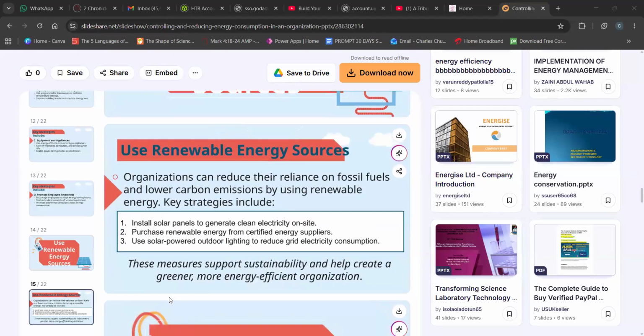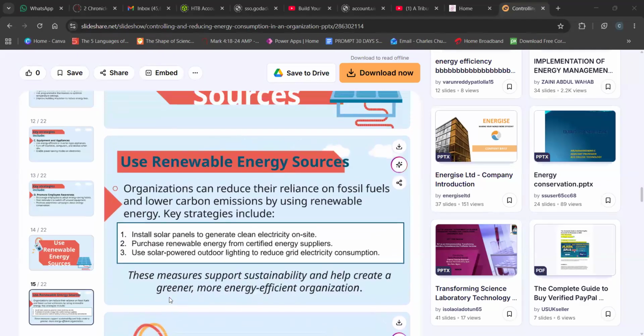So this is the last one we're going to consider: using renewable energy sources. Of course, the main source of renewable energy is the sun. Organizations or people in general can reduce their reliance on fossil fuels. Fossil fuels are like petroleum, gasoline, diesel, those that have to burn in an engine to be useful.